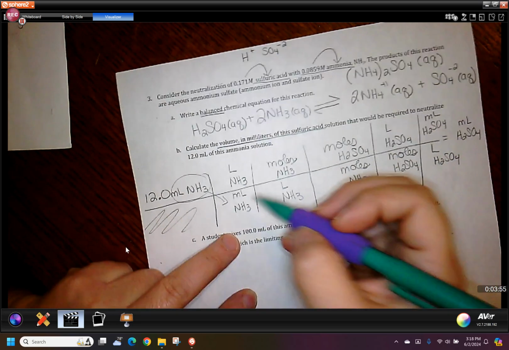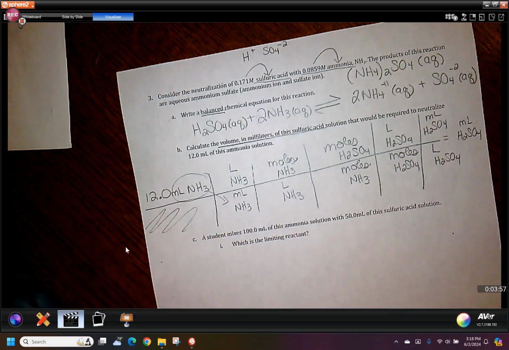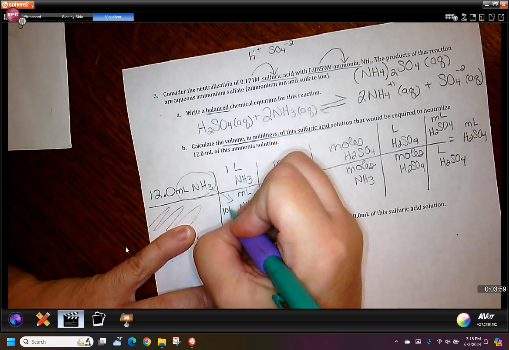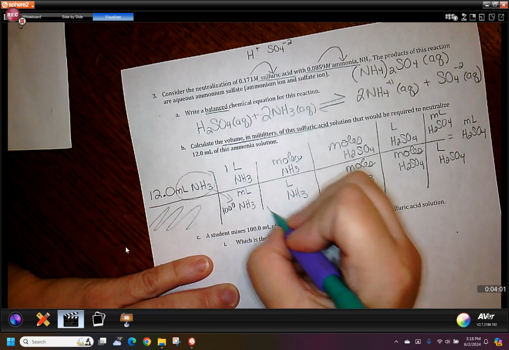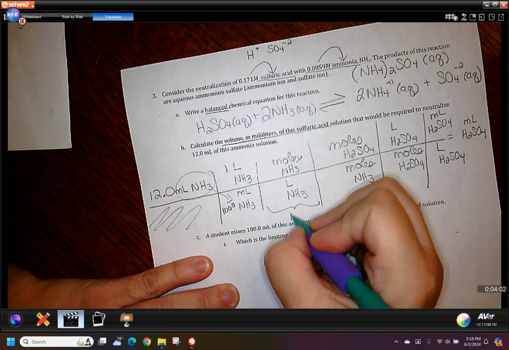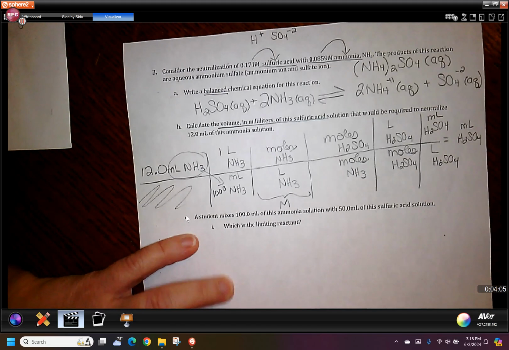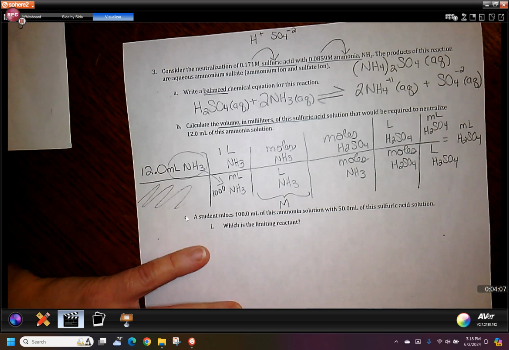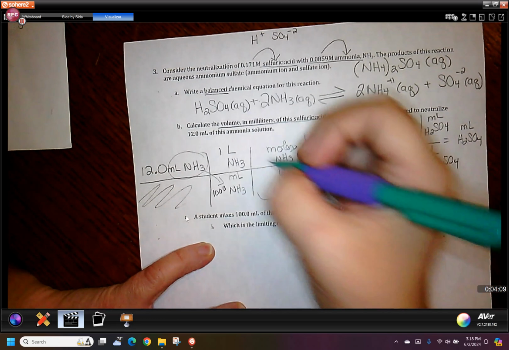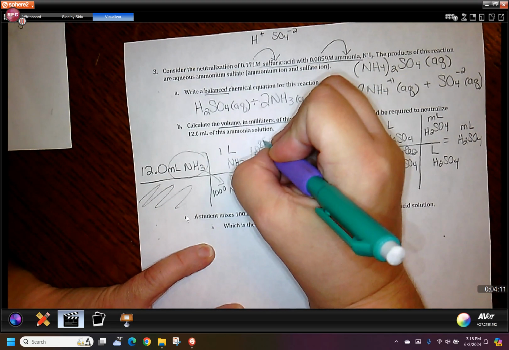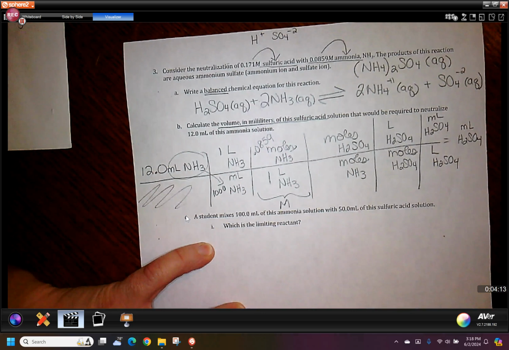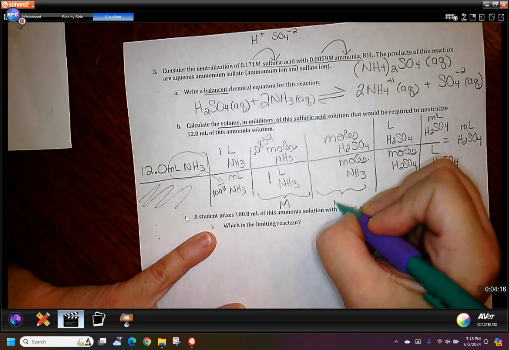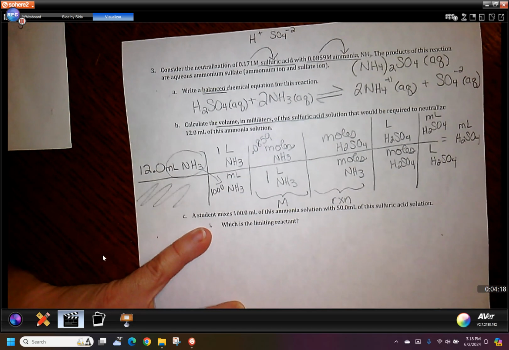Okay, so milliliters and liters, that one's 1,000. Okay, moles and liters, this is molarity. Now I've got to make sure that I'm using the correct molarity. This is NH3, so this is going to be 0.0859 moles for 1 liter. Moles to moles, that's my reaction.